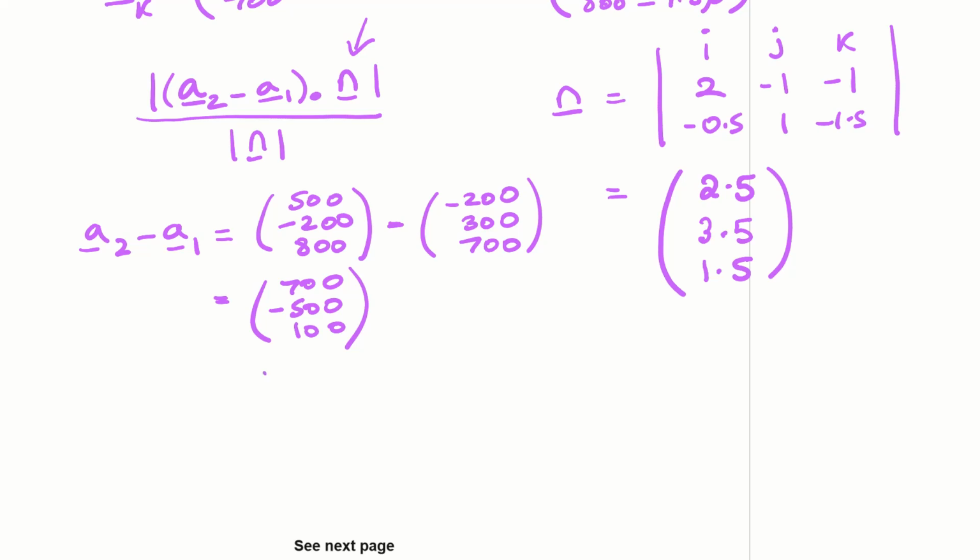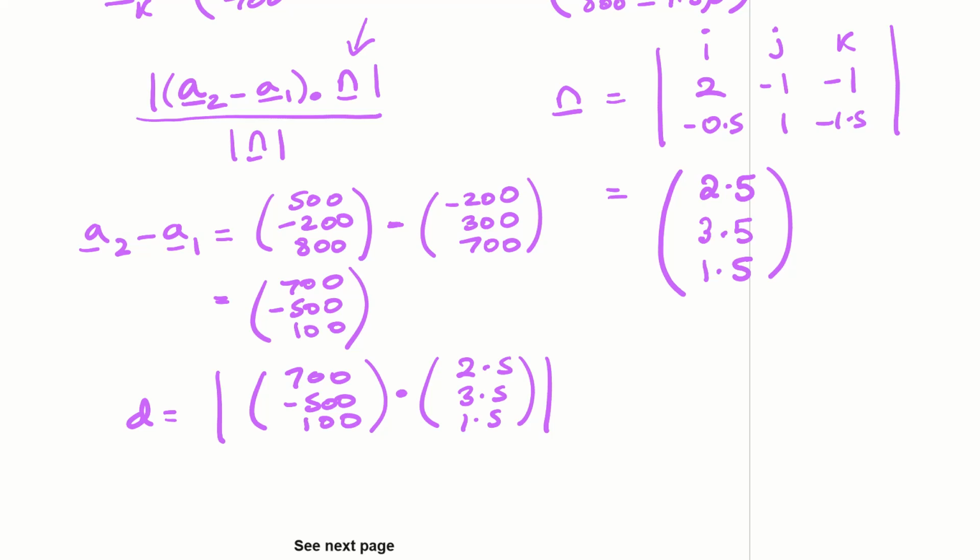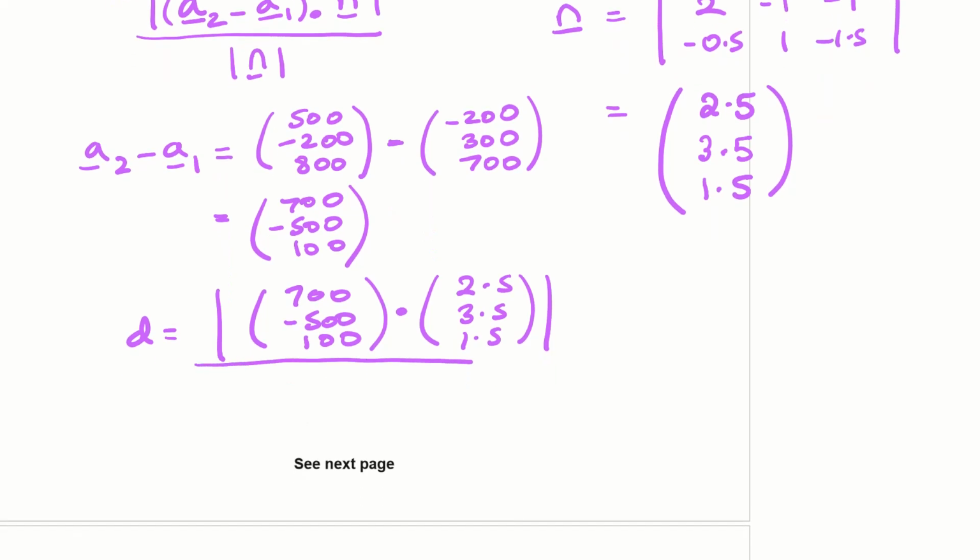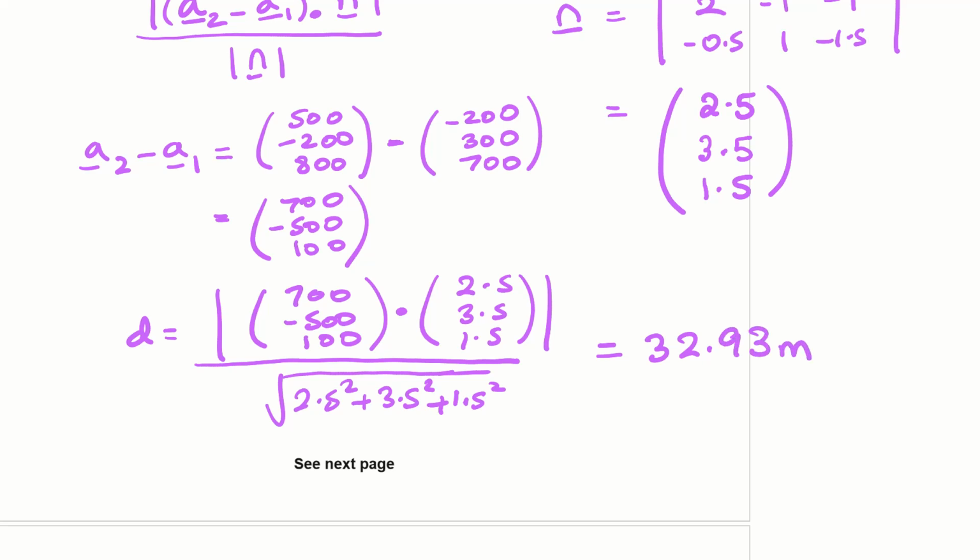And so the distance is equal to the modulus of 700, negative 500, 100, dot 2.5, 3.5, 1.5, all over the square root of 2.5 squared plus 3.5 squared plus 1.5 squared, and let's see what that comes out to. And that comes to 32.93 meters.